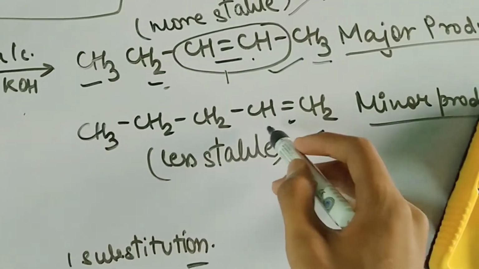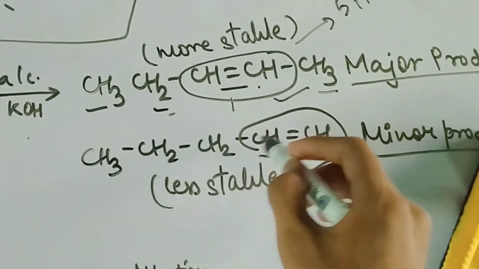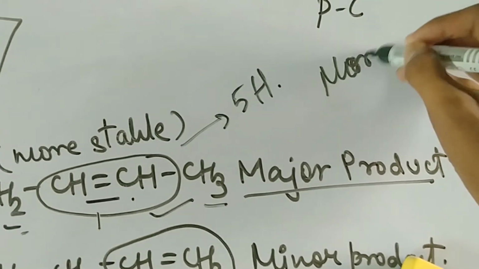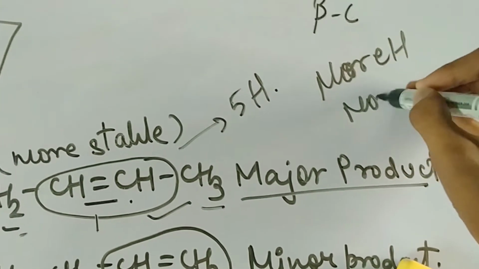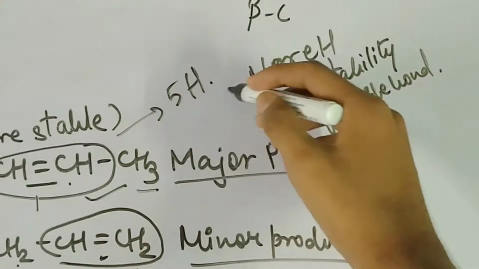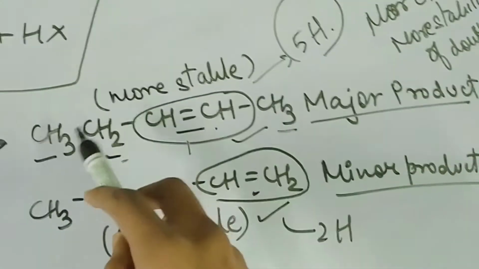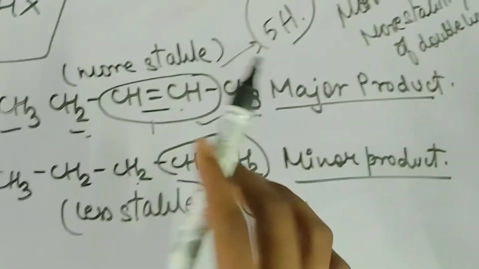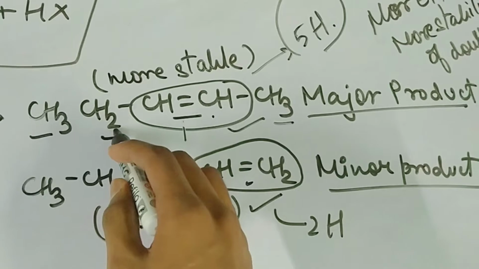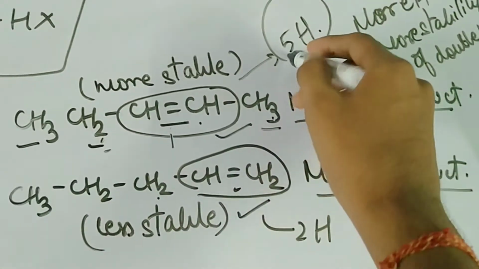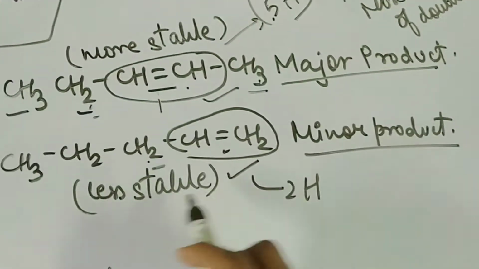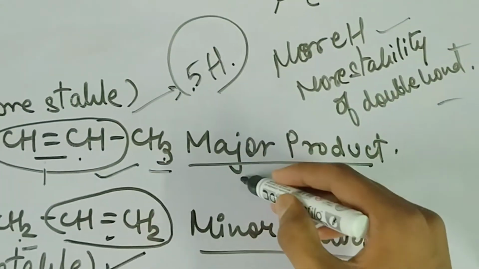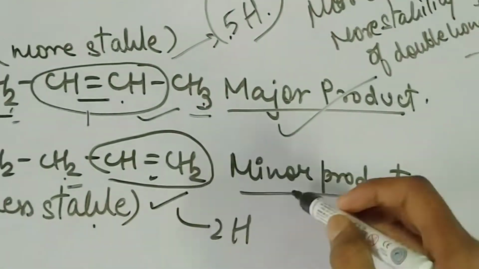If we circle the other double bond, we have only 2 hydrogens. More H, more stability of the double bond. So this is less stable and this is more stable. The more stable compound is always the major product, and the less stable is the minor product.